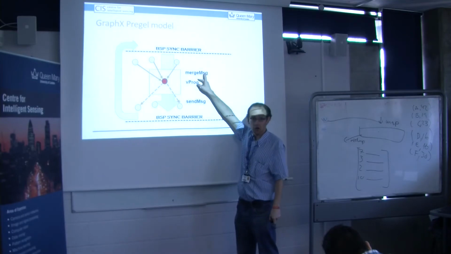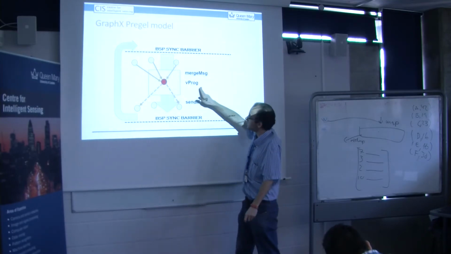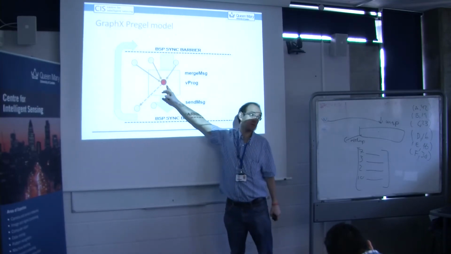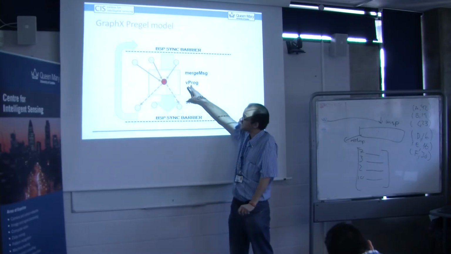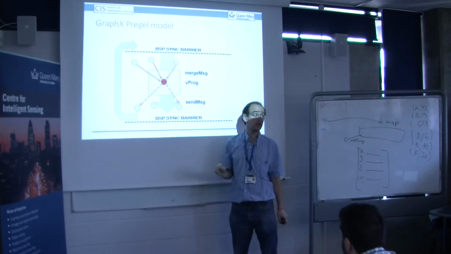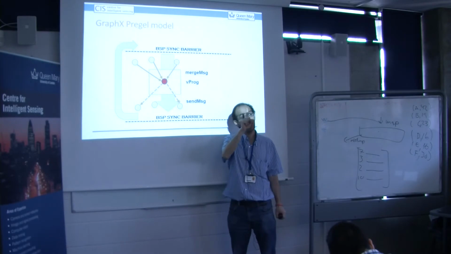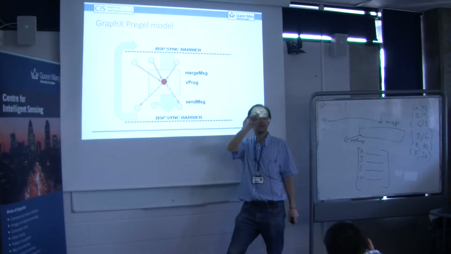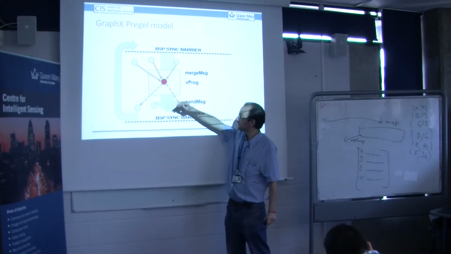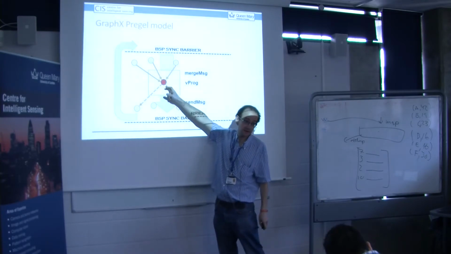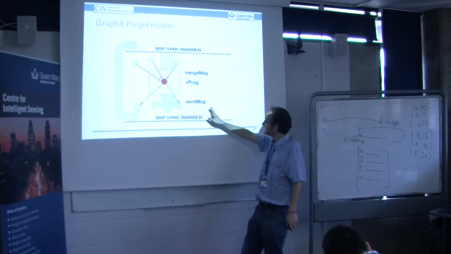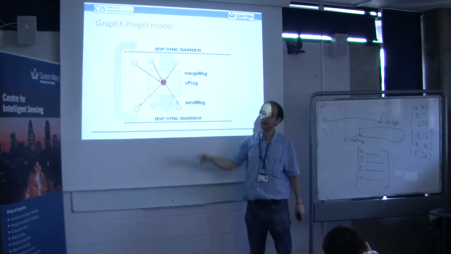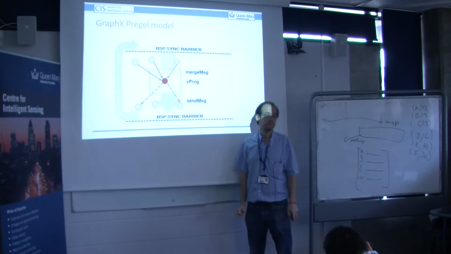Once I have one single message, I am going to execute my vertex program. For that vertex program, I will reason with the one merged message that I have received. And after I have completed my vertex program, I will decide what messages I am sending to my neighbors.